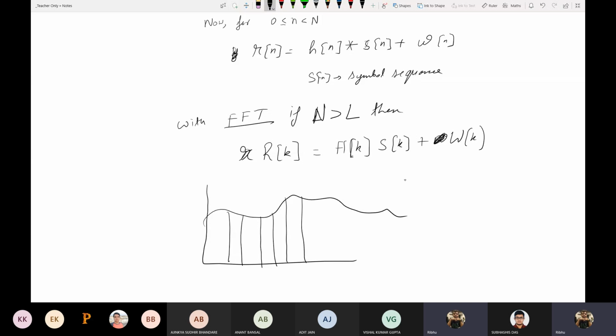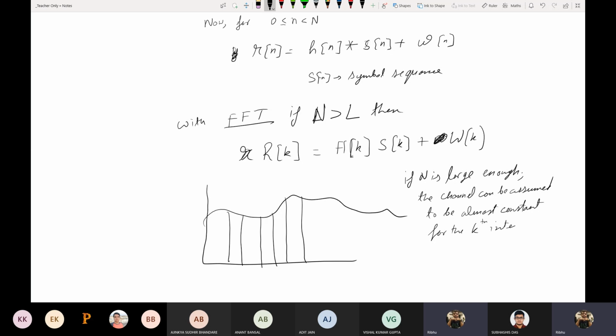So if n is large enough, the channel can be assumed to be almost constant for the kth part. Agreed?